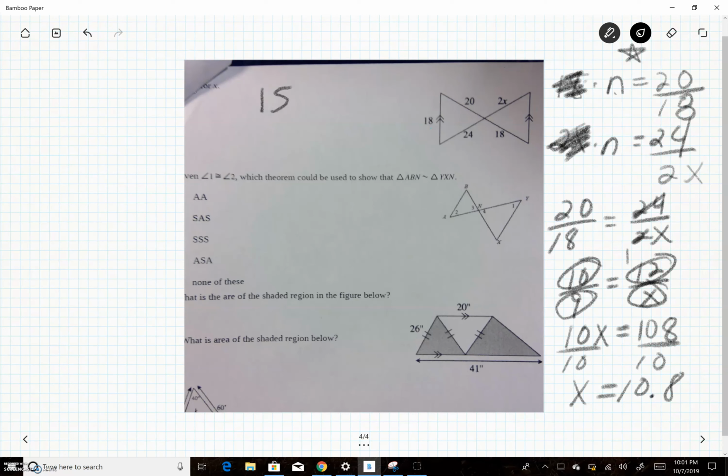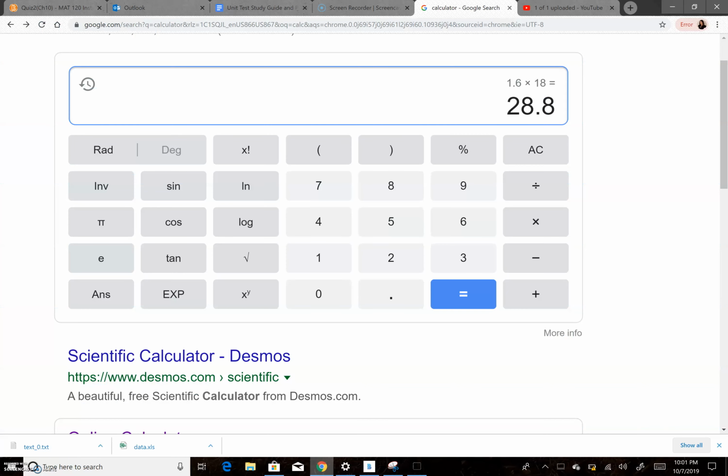Okay, so I get x is equal to 10.8. How can I check that? Well, what I can say is 2 times 10.8 is going to be what? Let's use the calculator.